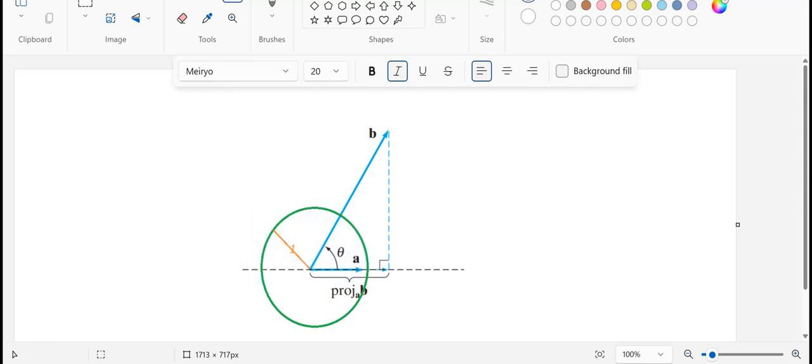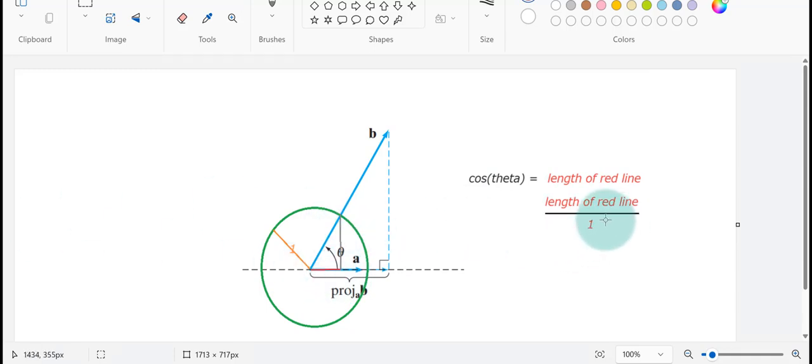If it's greater, we'll have a slightly different analysis. I can't type in theta, so I'll just spell it out. So the cosine of theta would be the length of this red line here. But of course, we really know that it's the length of the red line divided by the length of the radius here, which is the hypotenuse of this triangle.